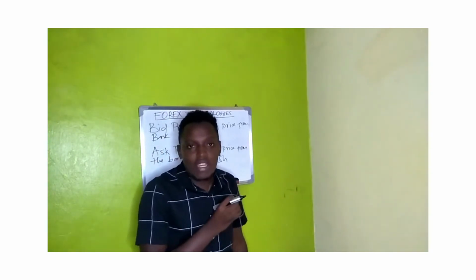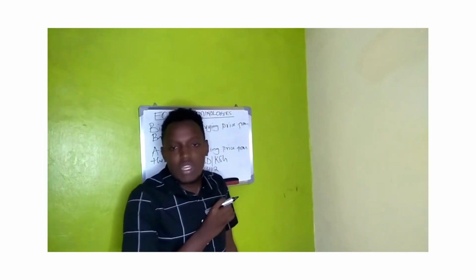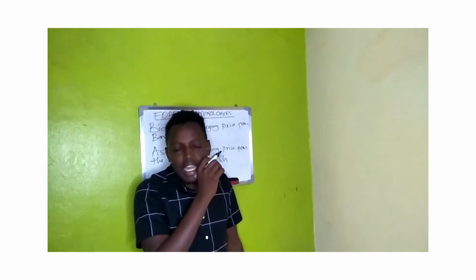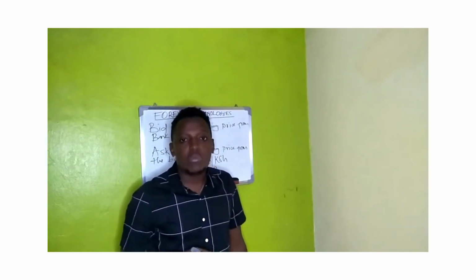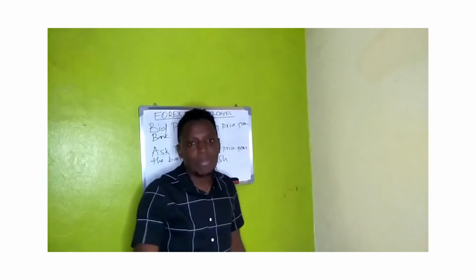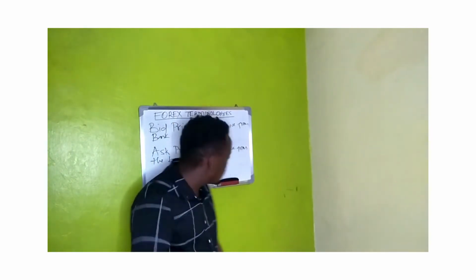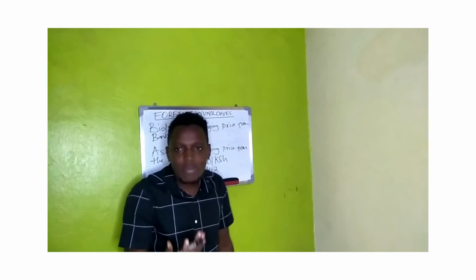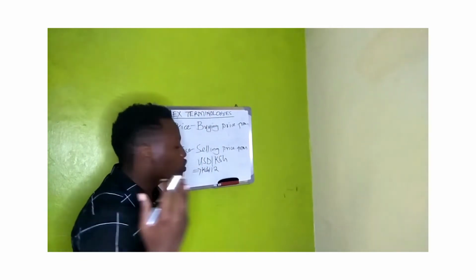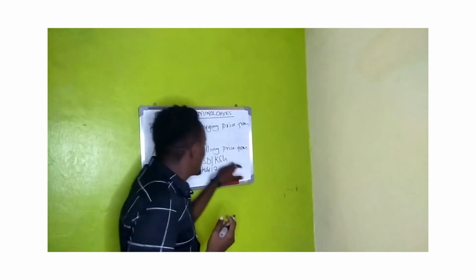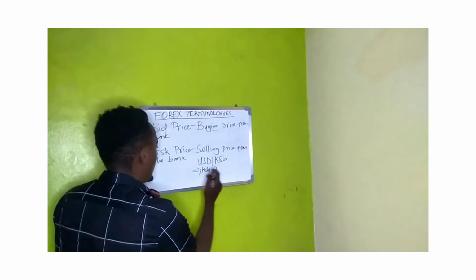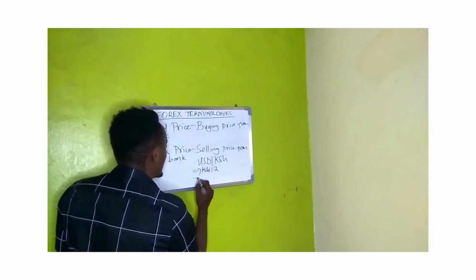After I sell the dollar, I go back to them and say, you know what, I actually don't need the dollar anymore. I'm looking to exchange it back, give the shillings back to you, and you give me my $1. So that price now is going to change.